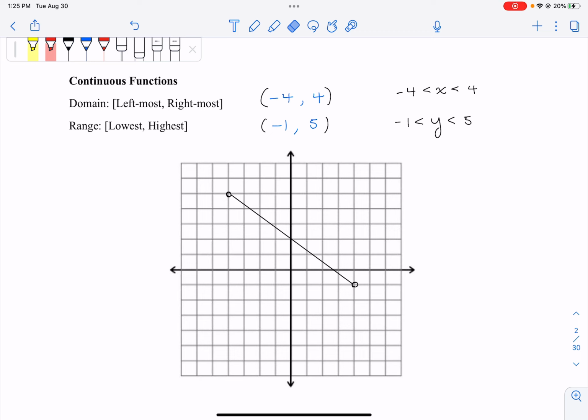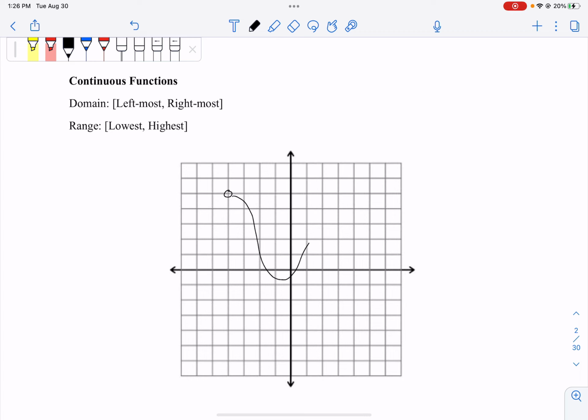To properly review, we're going to go through a couple more examples. Let's do 2 more. Let's say I have something like this, and I travel all the way here, here, here, and there. If we want to look at our domain, then from -4 all the way to 1, 2, 3, 4, 5, 6, that's where my function is.